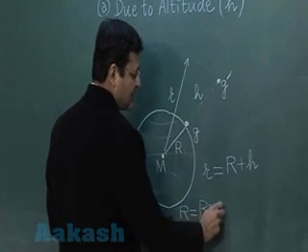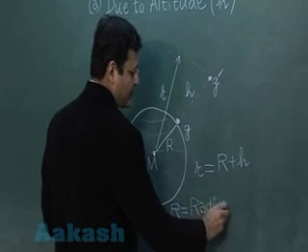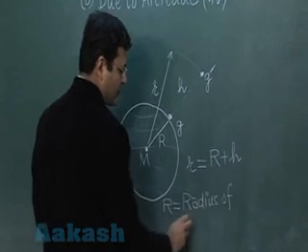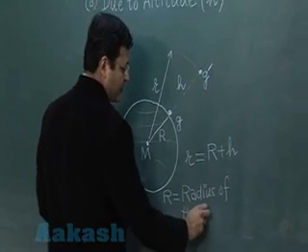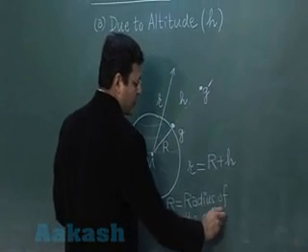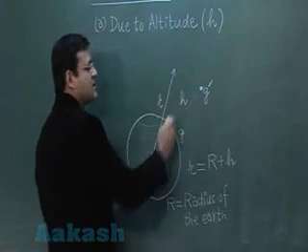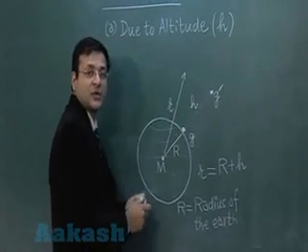R is the radius of the earth, and this small h is just the altitude.